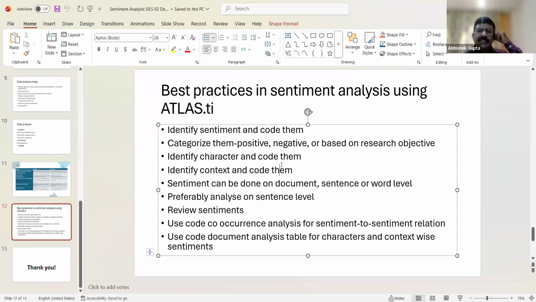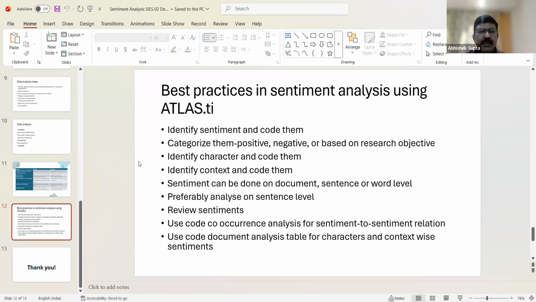Okay, so these are the best practices in sentiment analysis, and I'll also share my PPTs with you.